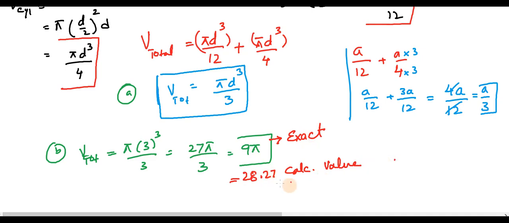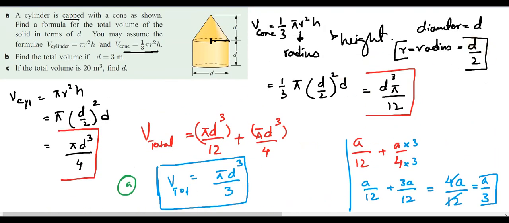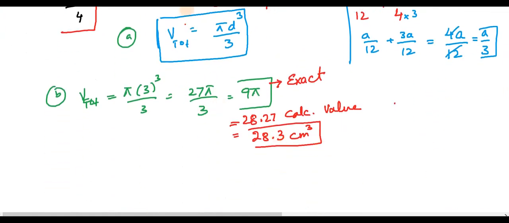And if it is three significant figures, your answer is 28.3 cubic meters as the total volume when the diameter is 3. Sorry, this is meter, so it's not centimeter, it's cubic meter.